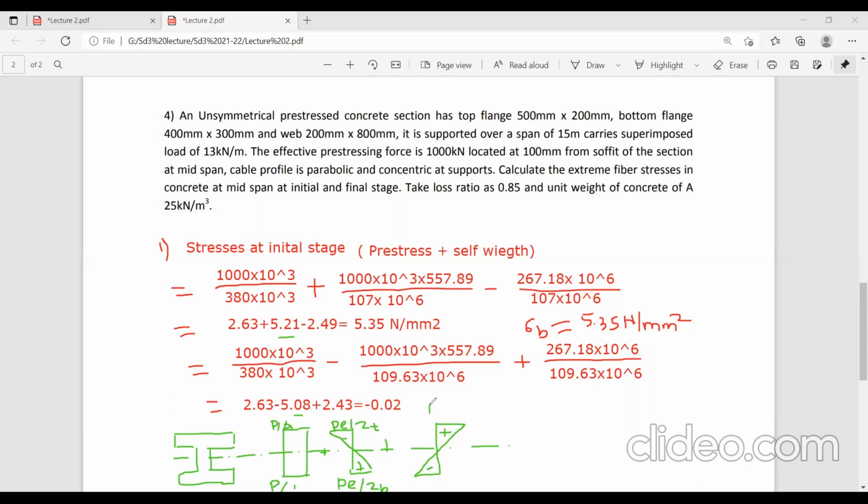So this one is MD by ZT, and this one is MD by ZB.